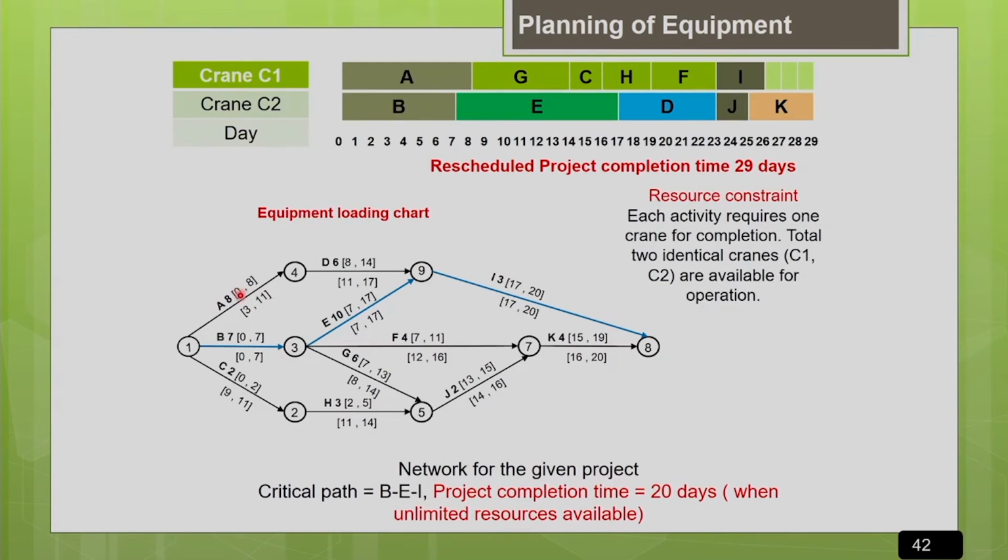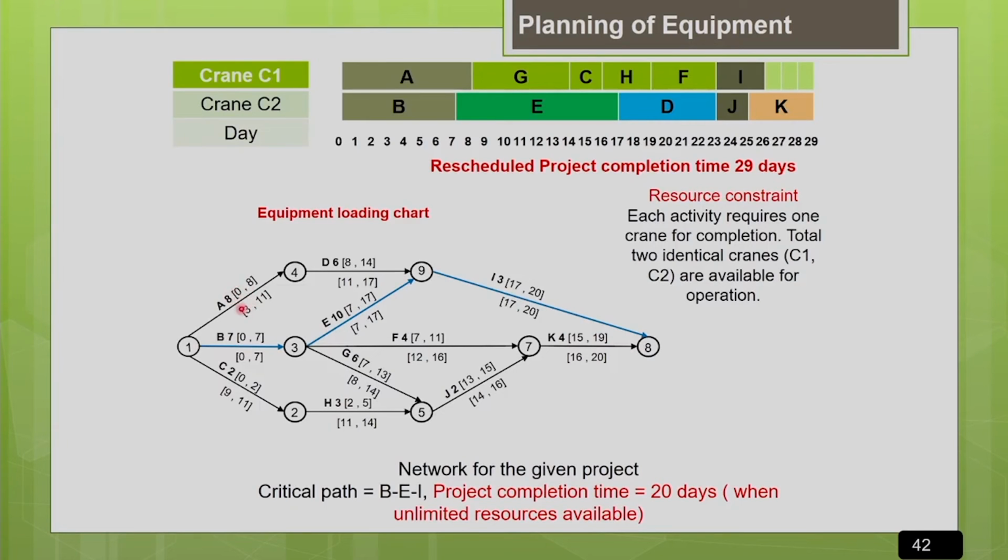Earliest start time means how early an activity can be started, and latest start time means how much an activity can be delayed without affecting the project completion time. So this activity A can have its start delayed by 3 days without affecting your project completion time.